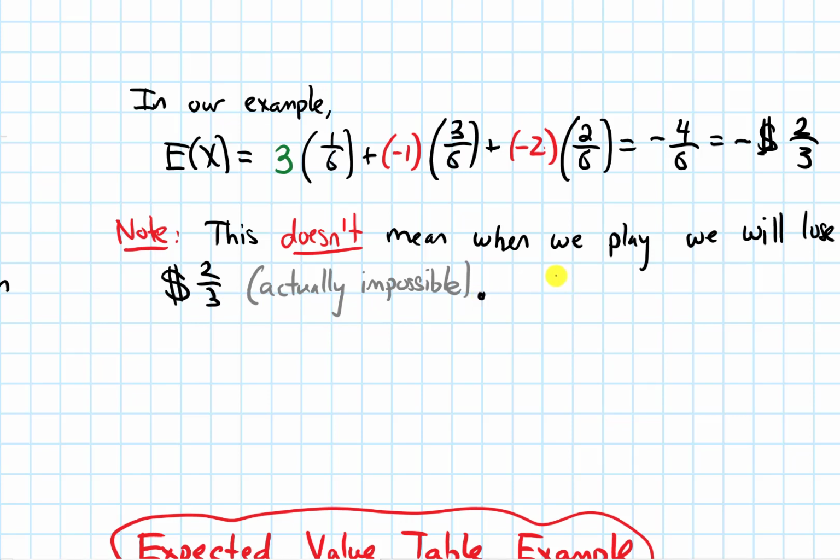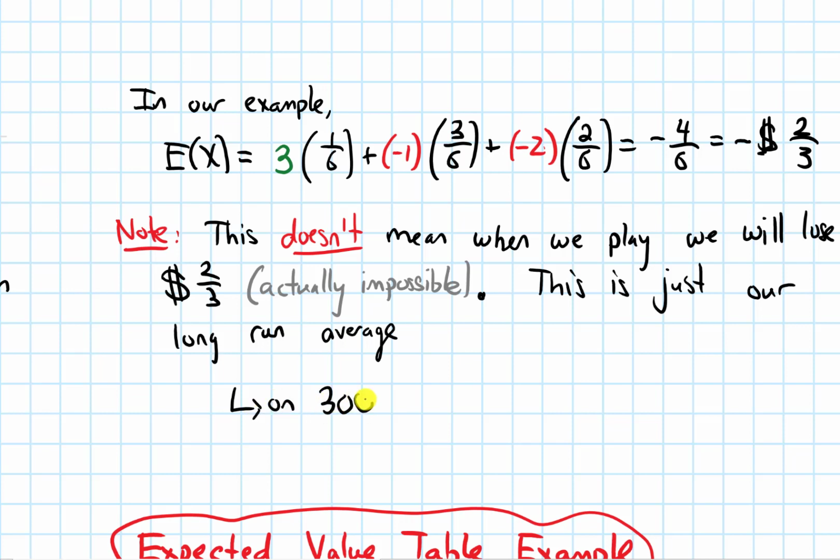What that number means is what we can call our long run average. If we play a bunch of times, on average over the course of all of those plays, we'd expect to lose about 2/3 of a dollar each time. So, for example, on 300 plays, I would take 300, I'm going to play 300 times, and each time on average we're going to be down, so I'm going to write minus 2/3 of a dollar.